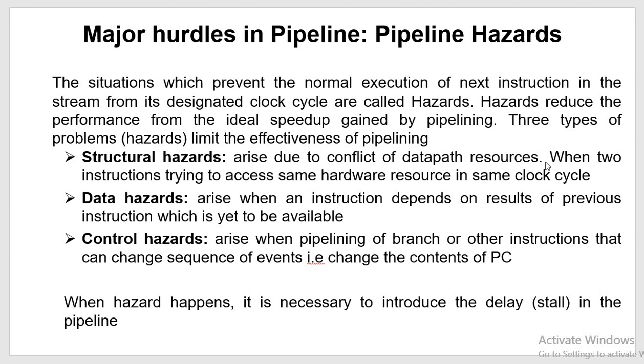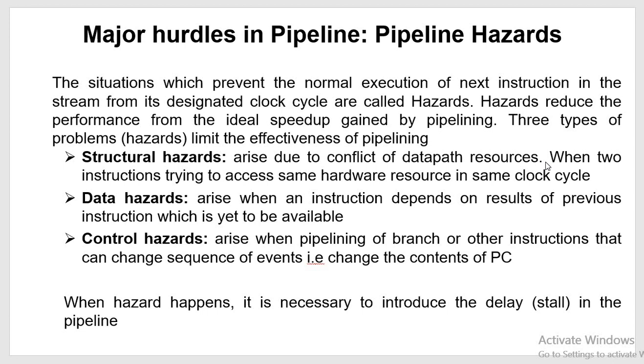A data hazard will arise when, let's suppose, instruction 2 wants to manipulate some operands, and the operand is not yet available within the processor, because the operand which instruction 2 wants to manipulate will come as the outcome of the first instruction. Then the processor will have to wait for the execution of the first instruction, and only then will it be able to get the data for the second instruction.